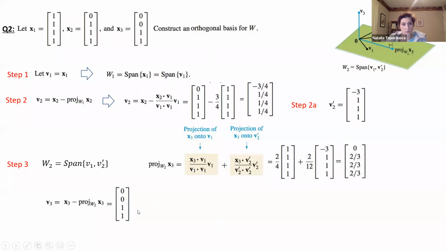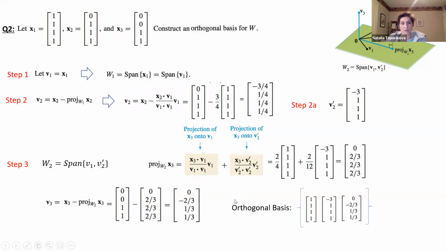So this is our vector x3, and we subtract from this the projection which we calculated in the previous step. And it gives us the third orthogonal vector. So now we can report our orthogonal basis v1, v2, v3.